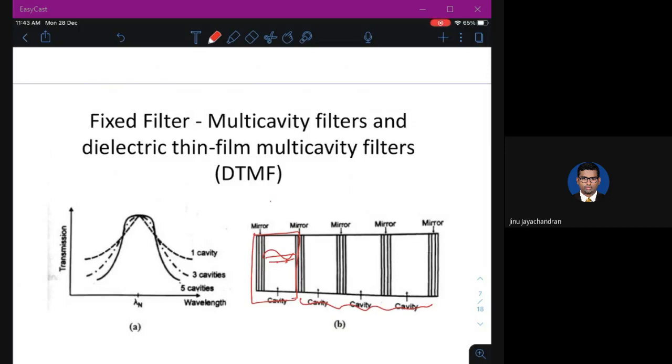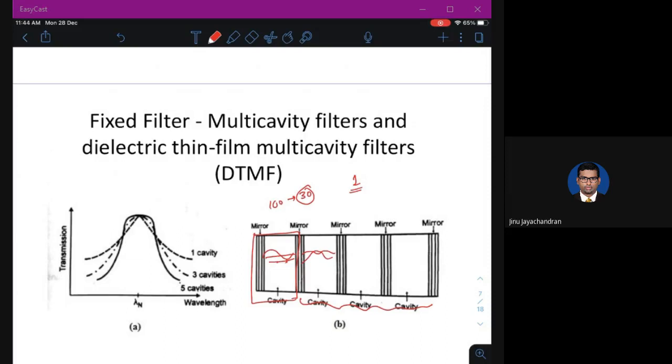Let's say initially you start with 100, then you might end up in the first cavity with maybe around 30. Now you need to filter out the 30 again, so that you finally end up with only one wavelength. So what you can do is filter the 30 in the second cavity to reduce it to 10, and go to the next cavity to reduce it to 5, and to the next cavity to reduce it to 1.